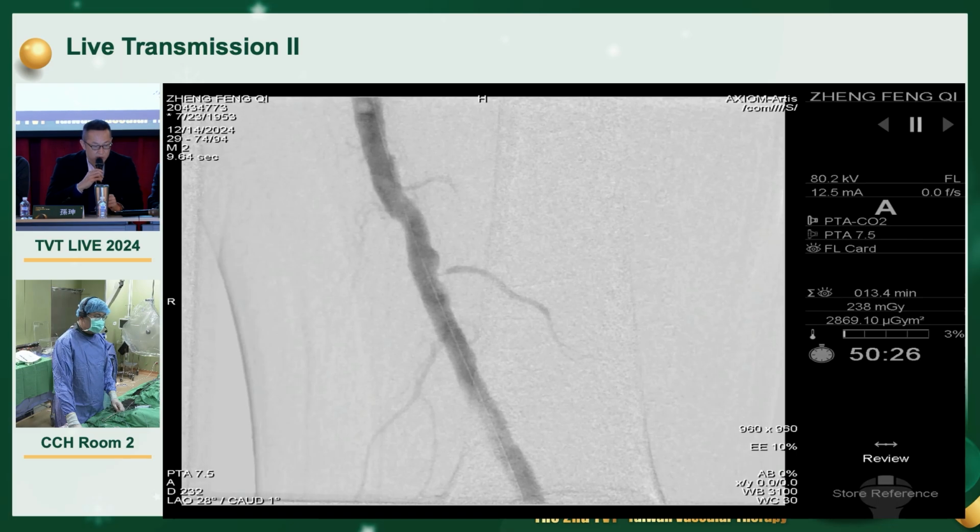So I always use IVUS combined with CO2 contrast to do the intervention in venous cases, to reduce the risk of pulmonary embolism and air embolism.